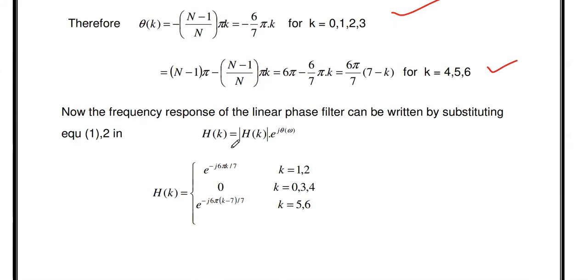Then we have to combine the modulus of H of k and theta of k in order to obtain the total response H of k. The total DFT value H of k is obtained by the modulus of H of k into e power j theta of k. Now we have to combine for the 7 samples.